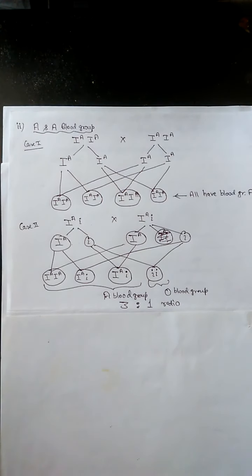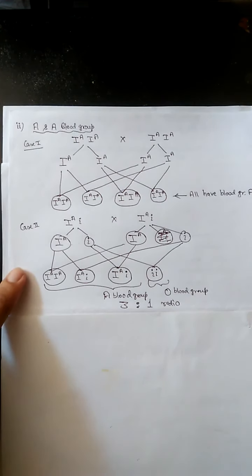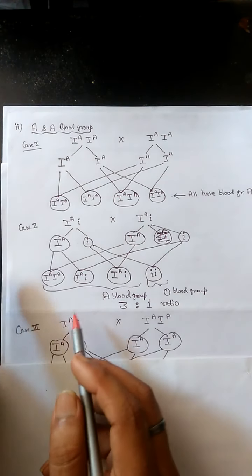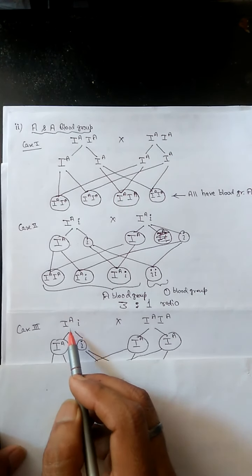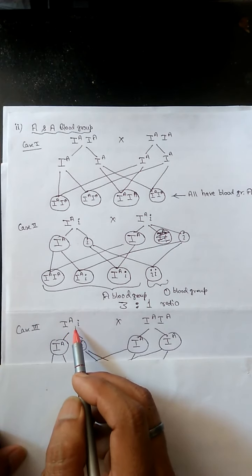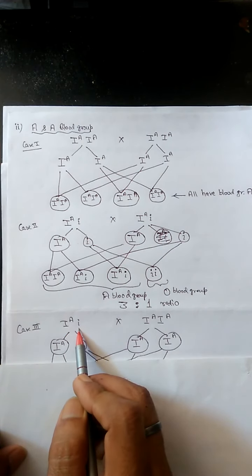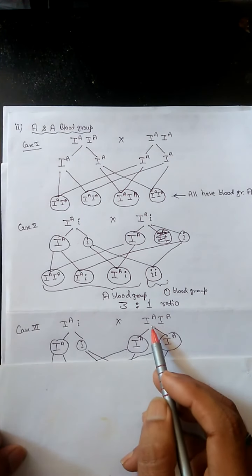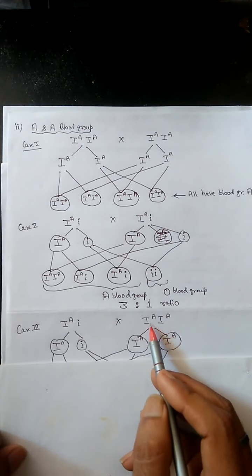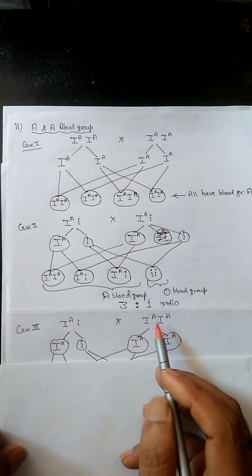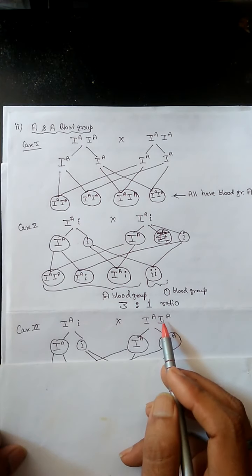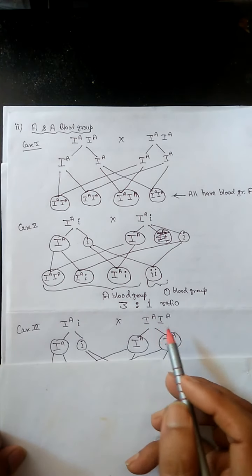Now, similar is the third case, in which one parent with blood group A has i as a recessive gene, while the other parent has both dominant A alleles.